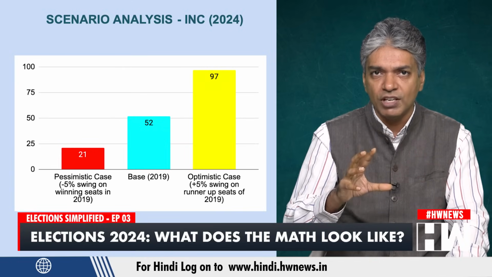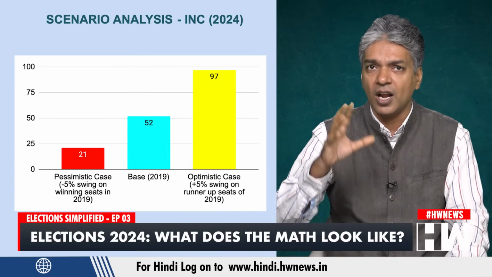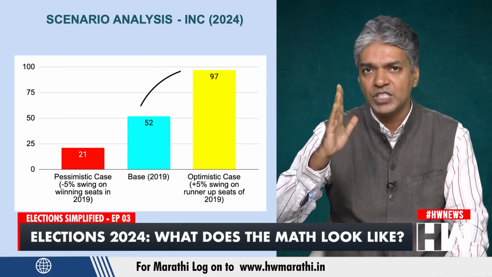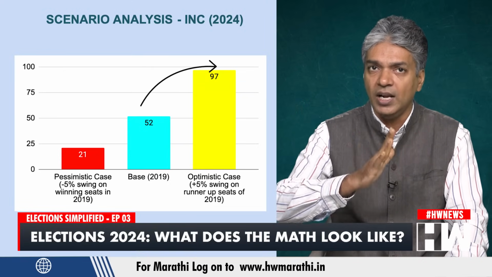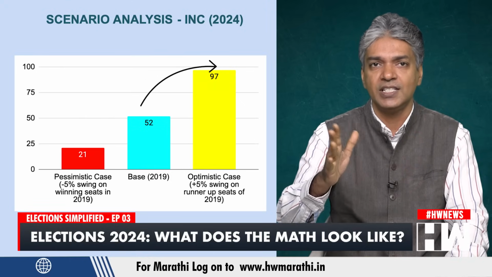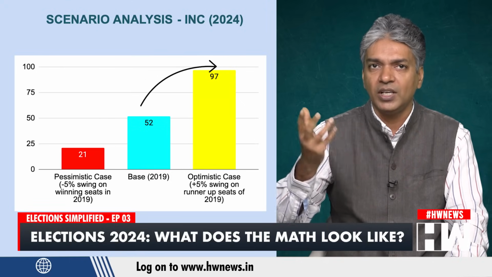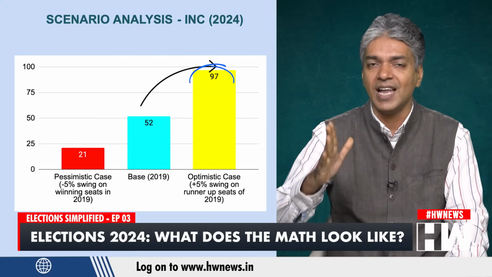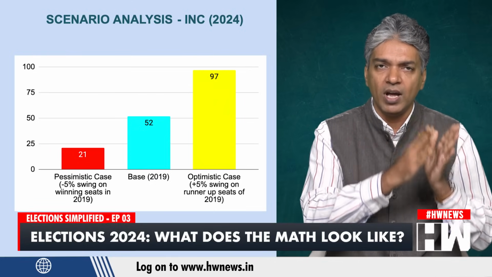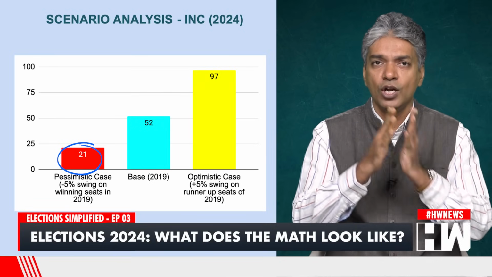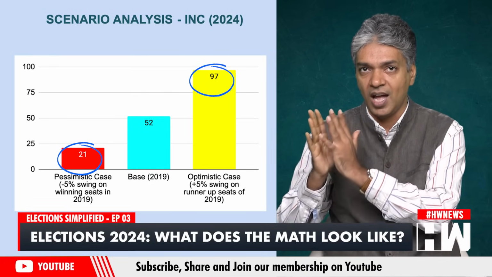Now on 261 seats where it finished the runner-up, if there is a 5% swing in favor of the Congress party, then it could win 45 of these seats, meaning that the optimistic case for the Congress is 97 seats. So the range for the Congress is 21 pessimistic, the lower end, to 97 optimistic, the higher end.